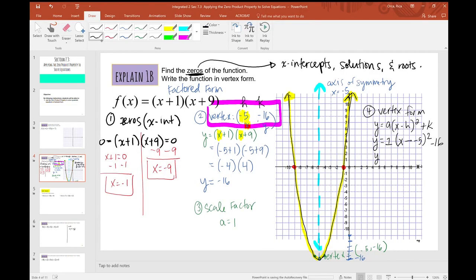Simplify this. Y equals 1 times x, and a negative times a negative is a positive, so that's going to be positive 5 squared minus 16. So the equation of this function in vertex form is y equals 1 times x plus 5 squared minus 16.